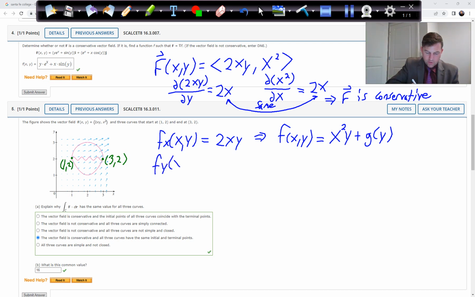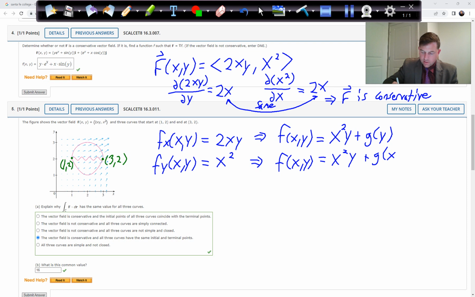And the partial derivative with respect to y of that function should have simplified to x^2, which implies that the original function had to be x^2 with a y on it, plus some g(x). So if after I take a derivative, I'm left with x^2, that means there must have been a y on it, because the derivative of y in this context would go away.